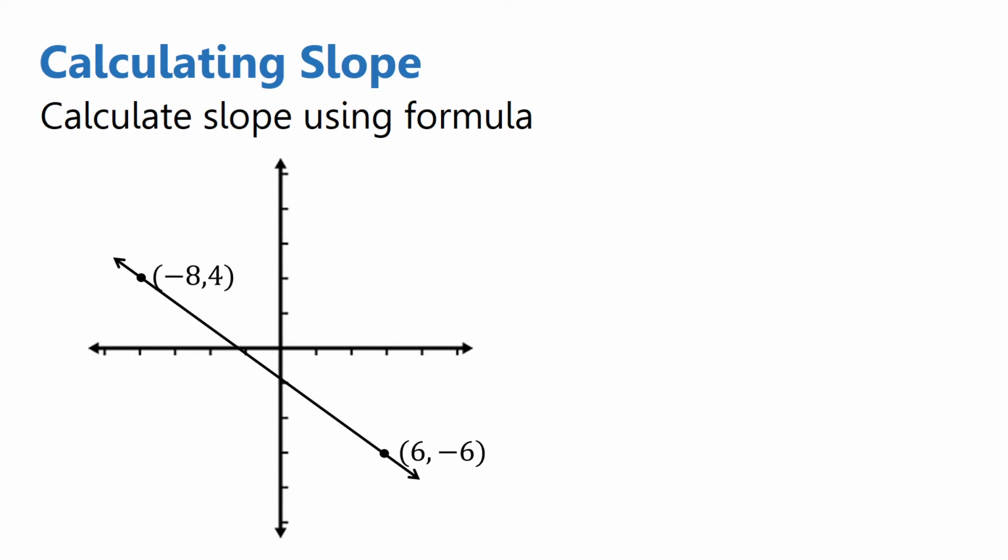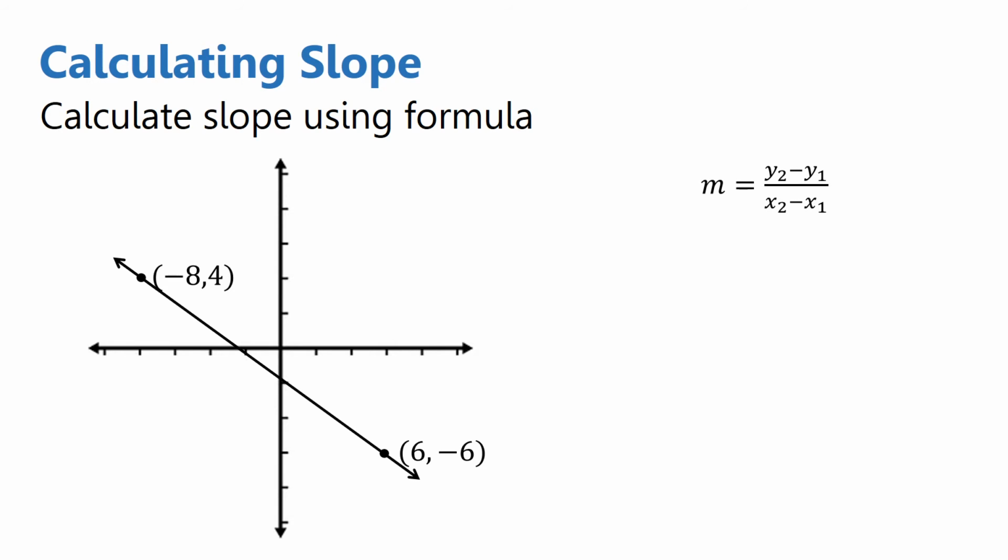Alright, you try this one. Calculate the slope using your slope formula. Make sure you write out your formula, do your substitution, and have your slope in lowest terms. Pause the video, give it a try, and then resume the video. Alright, let's see what you got. Here I have my slope formula.